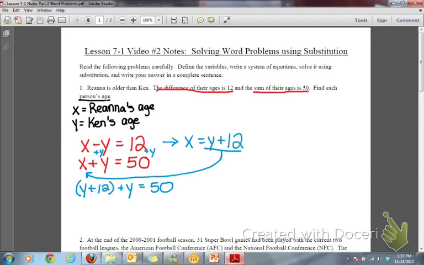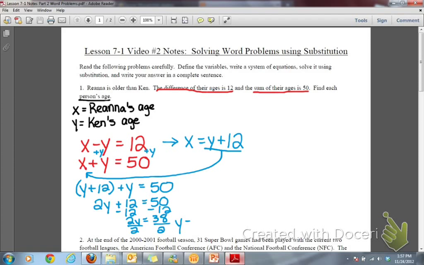But combine your Y's. You have a Y in the front and then a Y right before the equal sign. So Y plus Y is 2Y. And then you have the plus 12 equals 50. Get Y by itself, so subtract 12 from both sides. 2Y equals 38. Divide by 2.